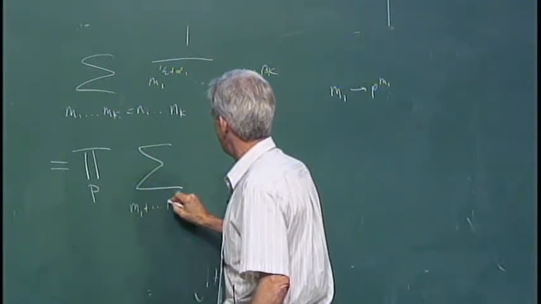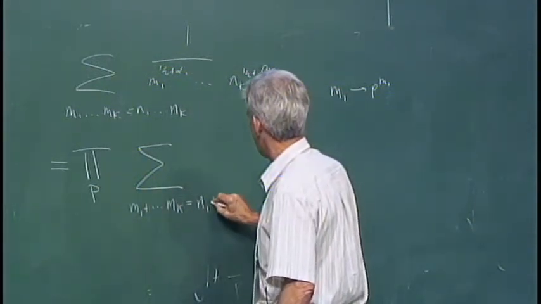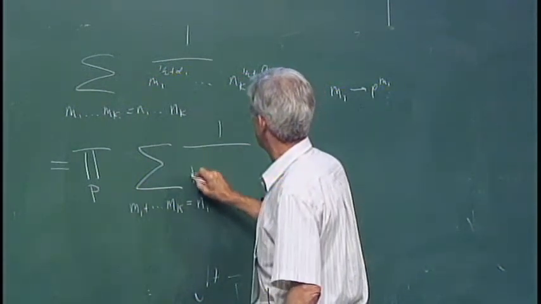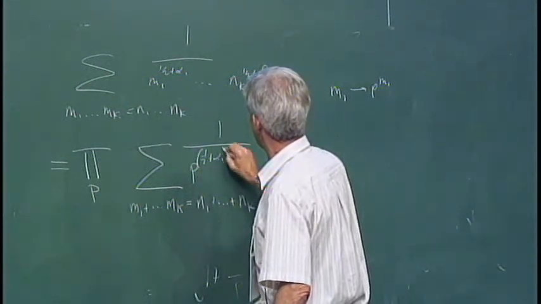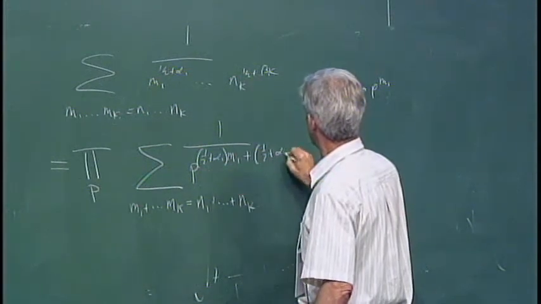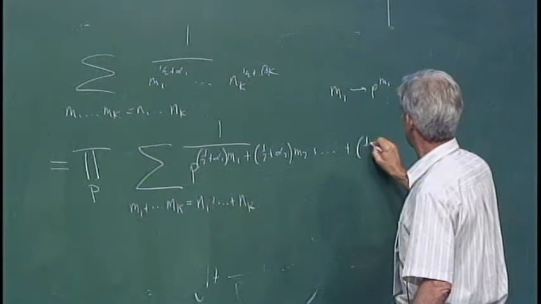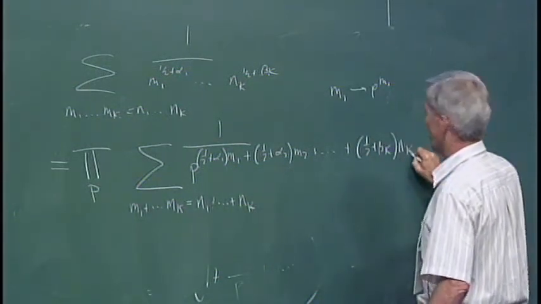So this condition now becomes m1 plus ... plus mk equals n1 plus ... plus nk, of 1 over p to the 1 half plus alpha 1 times m1, plus 1 half plus alpha 2 times m2, and so on, all the way up to a half plus beta k times nk.